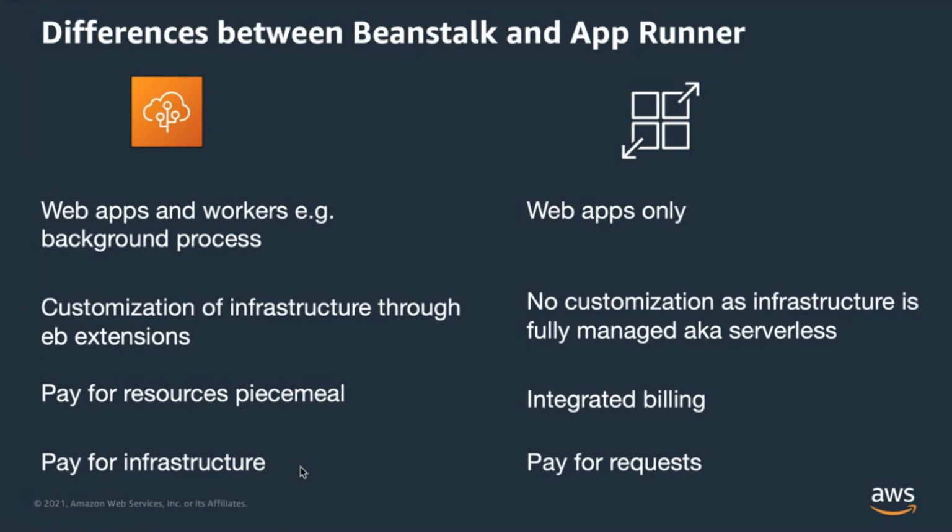With Beanstalk, you pay for those resources independent of your request traffic. So you can set up, of course, auto-scaling groups to scale by your requests, but you're paying for infrastructure resources. Whereas in App Runner, you're paying for containers that scale with traffic, but it's highly granular and it scales with requests. So it's a pricing model which is very granular.